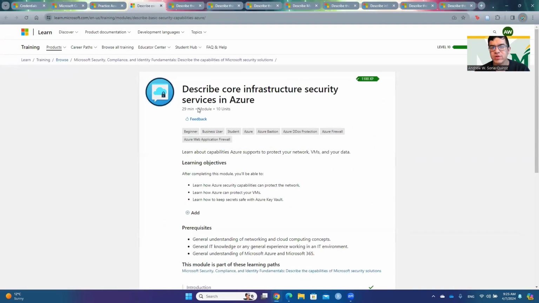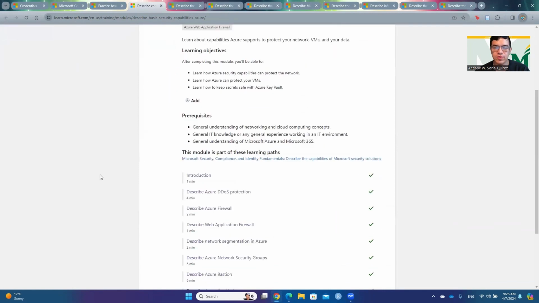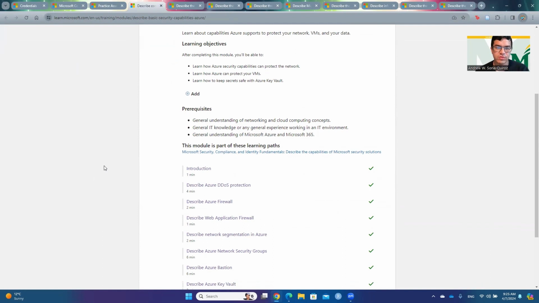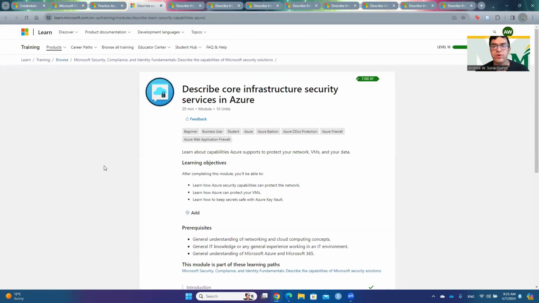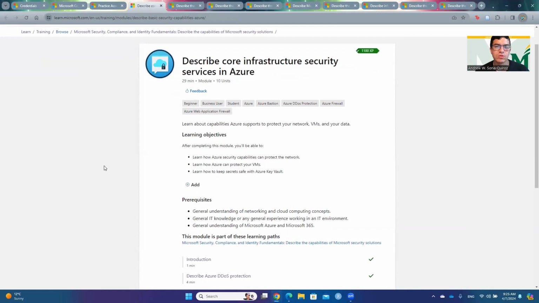Core infrastructure security services in Azure. If you have a networking background, this is very, very easy for you. It's going to go through Microsoft DDoS protection, firewall, web application security, network segmentation, all that fancy stuff in Azure. Even so, if you have a background in security, in actually implementing network security, this is pretty much just an implementation of it in this certification.